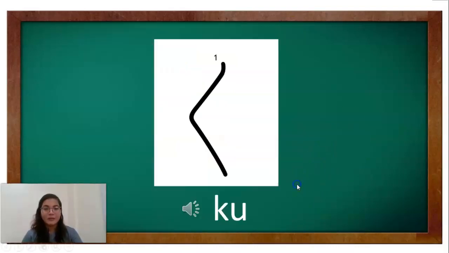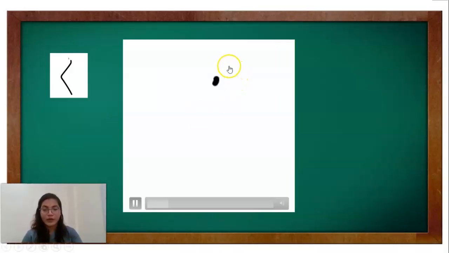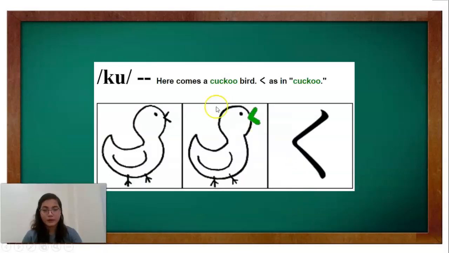Okay? Next up is Ku. Ku has only one stroke. One. Again. One. To easily remember this, just always remember the cuckoo bird.